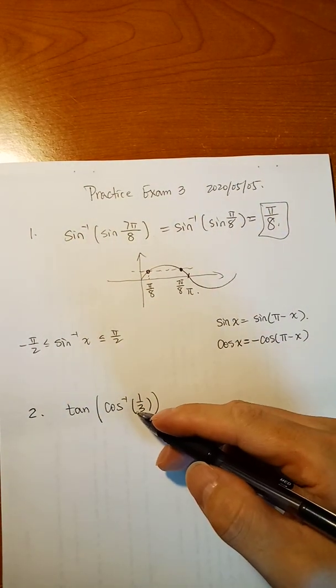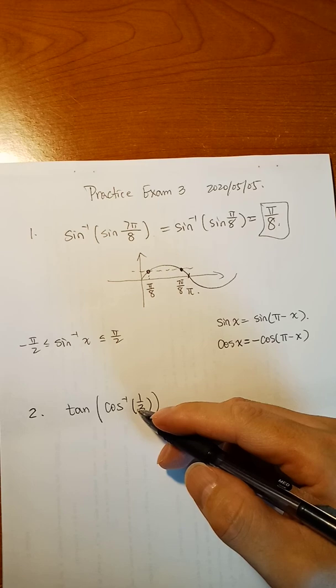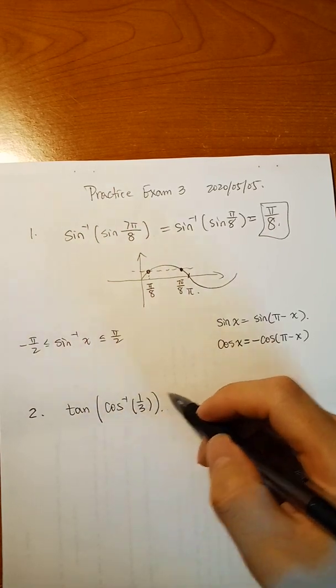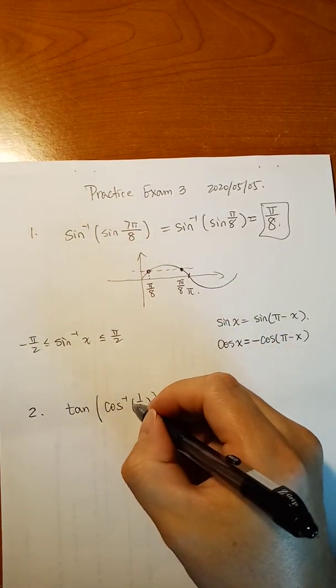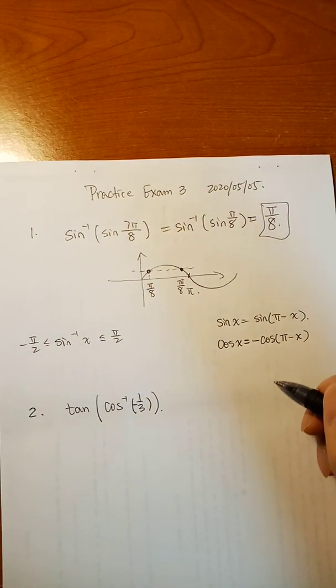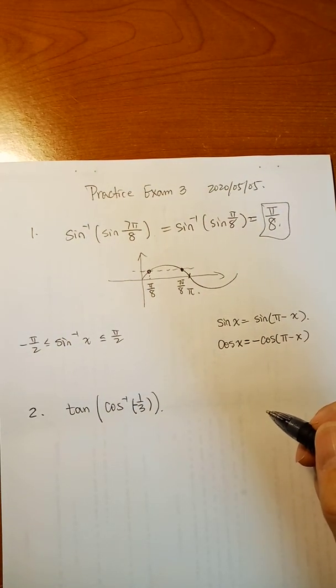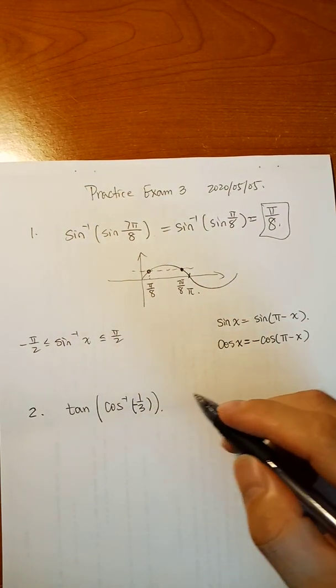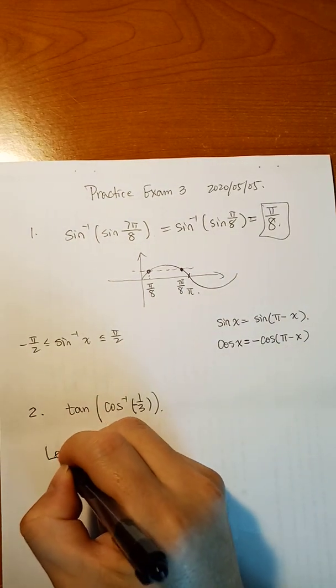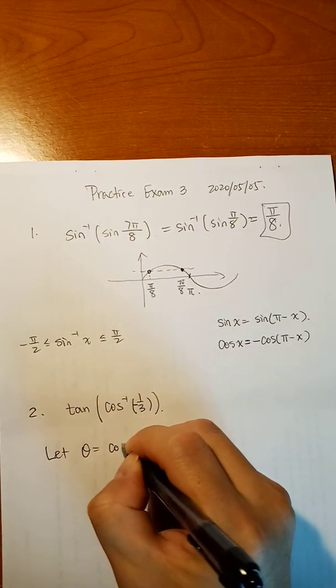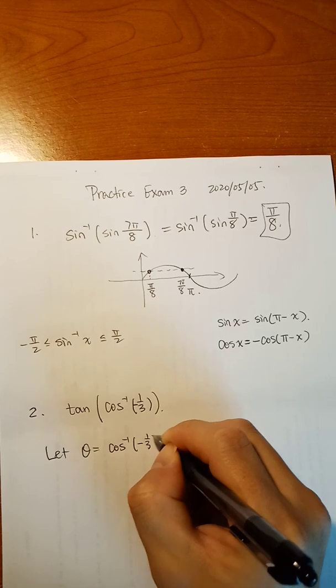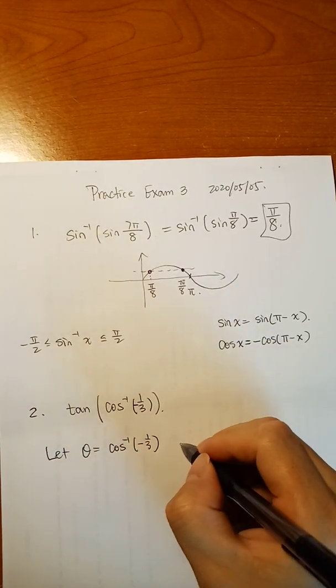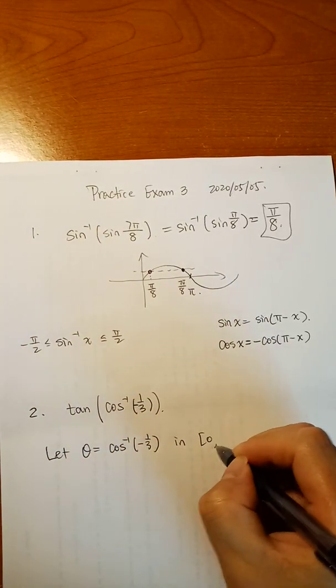Tangent of cosine inverse of negative 1 over 3. So let theta be cosine inverse of negative 1 over 3. It is in the range 0 to pi.